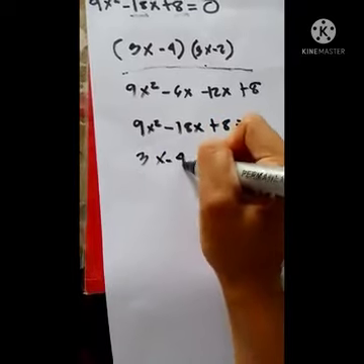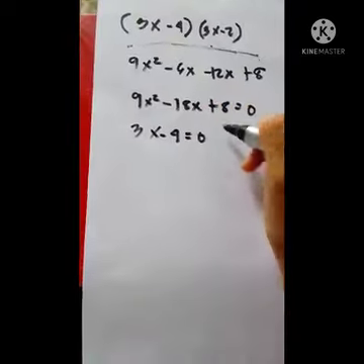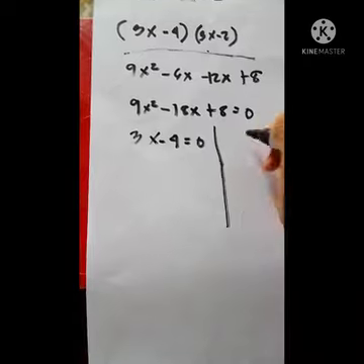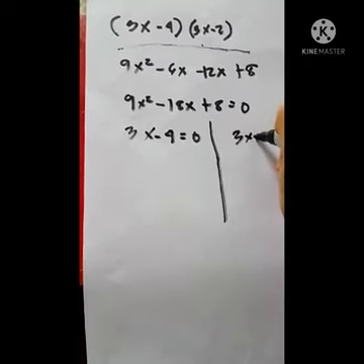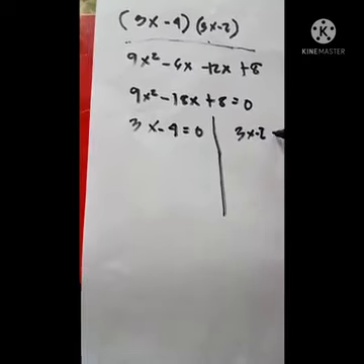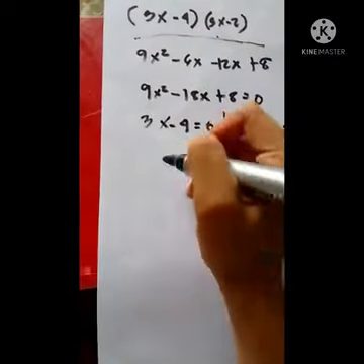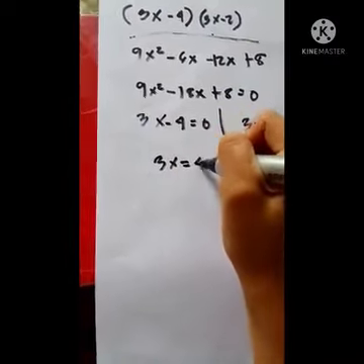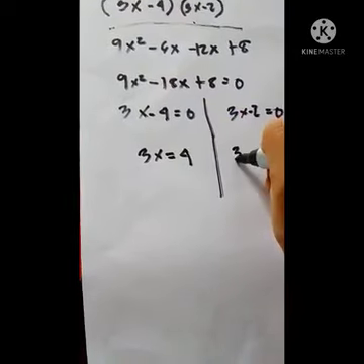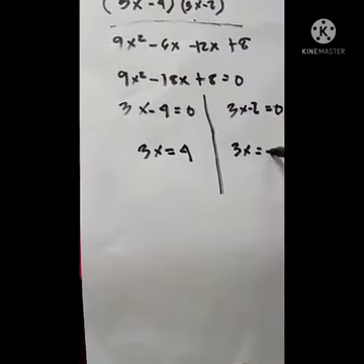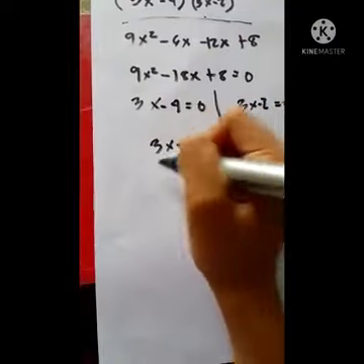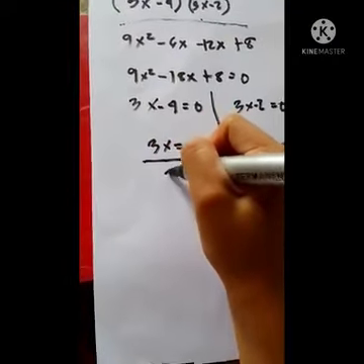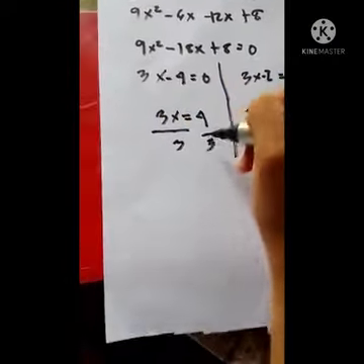3x minus 4 equals 0, and 3x minus 2 equals 0. 3x equals positive 4, then 3x equals positive 2, divided by 3, divided by 3.